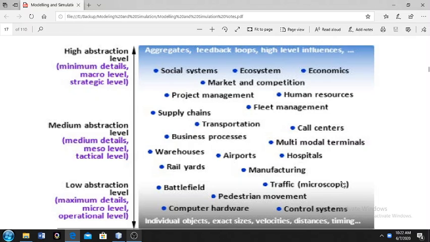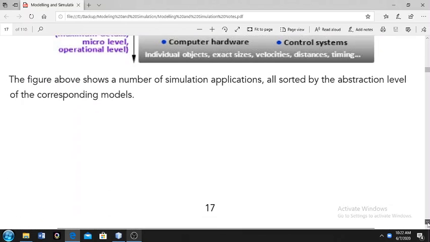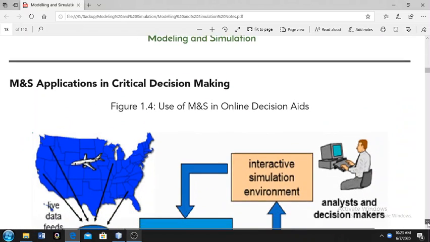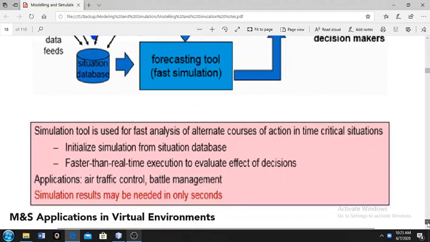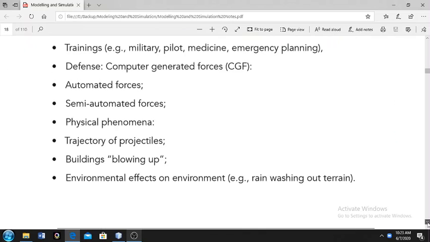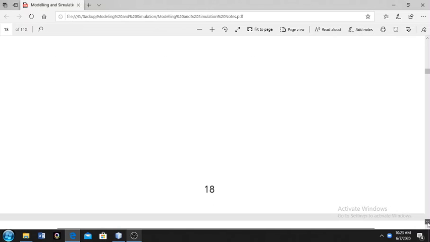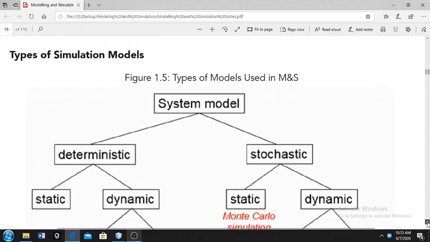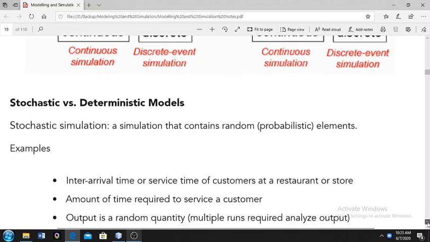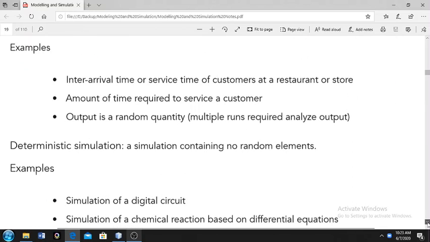Though some are stochastic, they don't involve too much probability. In control systems and hardware, for example, there's no chance really affecting this, which is why most of the time they are deterministic. But up there where we have social system, economic system, market system, my dear friend, there's a lot of chance involved. So most of them are stochastic.